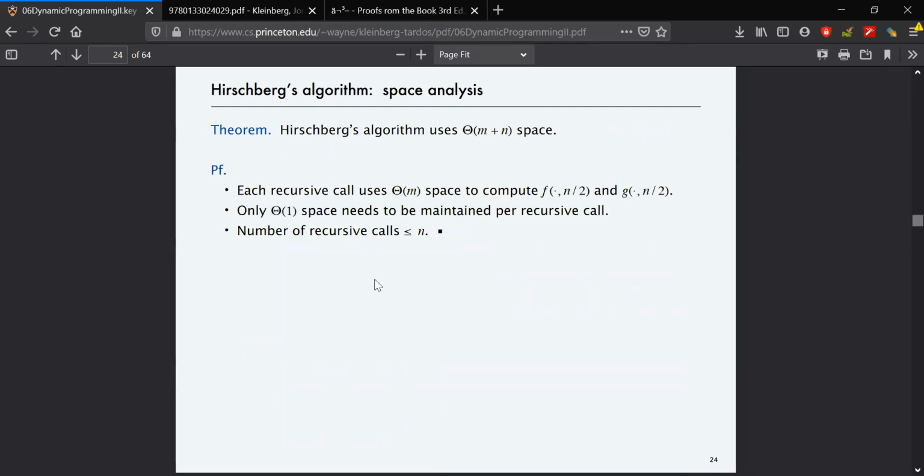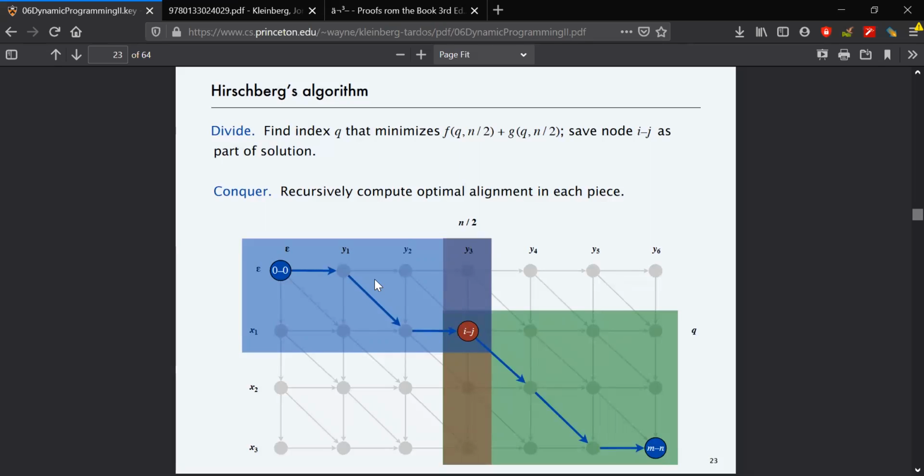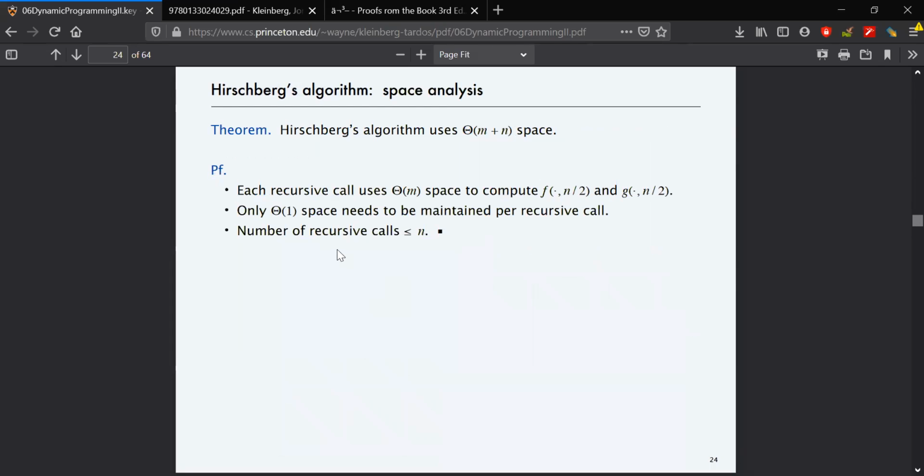So after the recursive call ends, I can just discard that m plus n graph, right? Yeah. So this graph you are not storing at any point. So computation is m plus n, but storing is O(1). Storing is constant, after each recursive call.